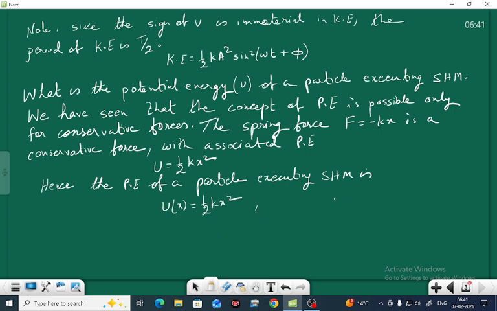And if you replace x is equal to a cos omega t plus phi, therefore we find the value of Ux as half k a square cos square omega t plus phi. So this is equation number 2, right?